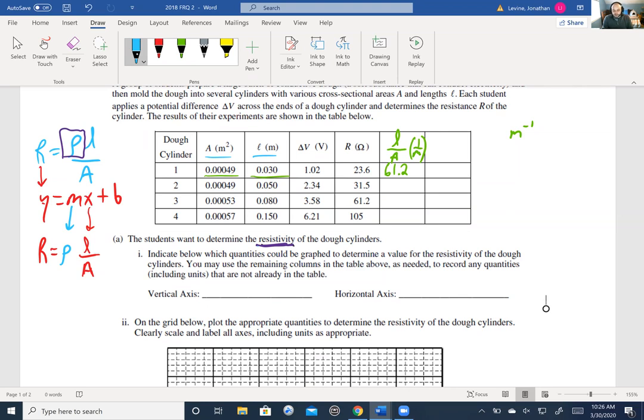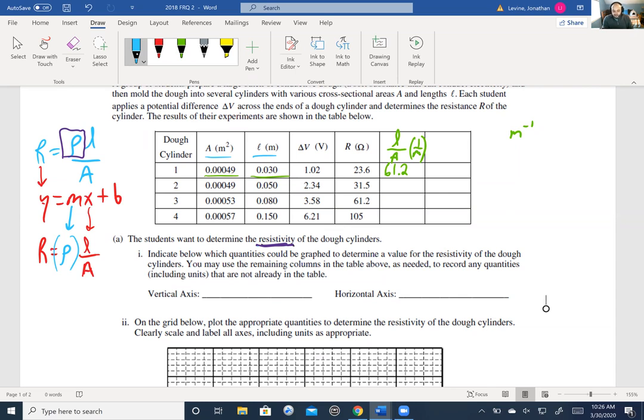But careful, we want to find it graphically. So we'd like to keep things as an x variable multiplied by the slope equal to the y variable. We're going to find the slope of the graph to be rho.